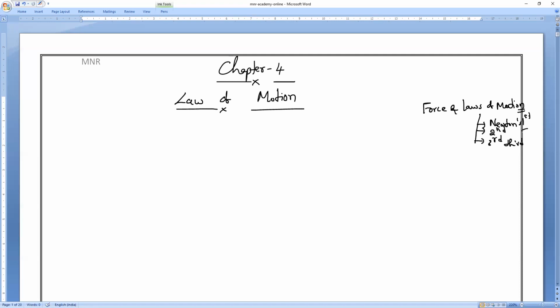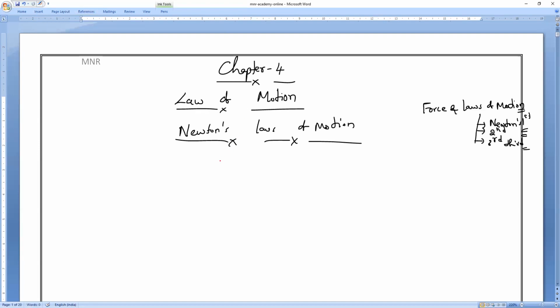The same thing we are going to study again here, but the mathematical things and strategies will change. So laws of motion we can also call Newton's laws of motion. Okay. In Newton's entire life, from birth to death, this is the most popular thing about Newton's concepts.